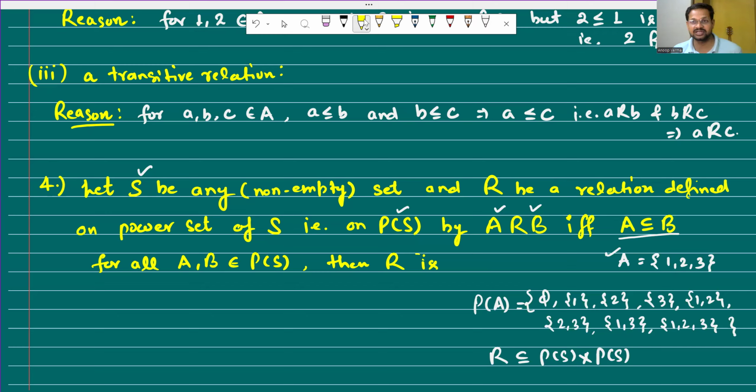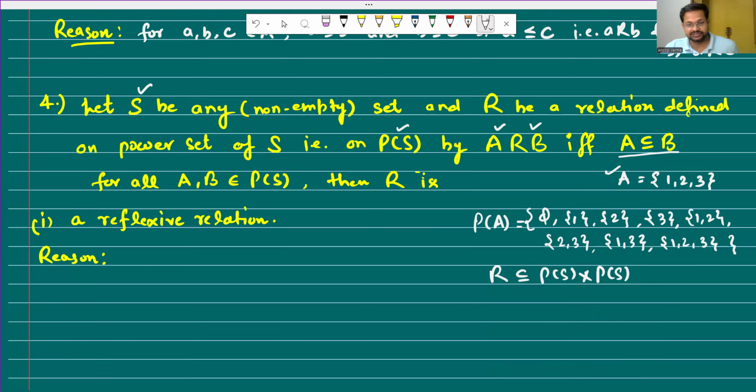So a set will relate to itself, which is a member of PS. So you can just say yes, the relation R here is a reflexive relation. Let's give the reason: a set is a subset of itself. So for any member from PS, any element from the power set of S, A is a subset of itself.